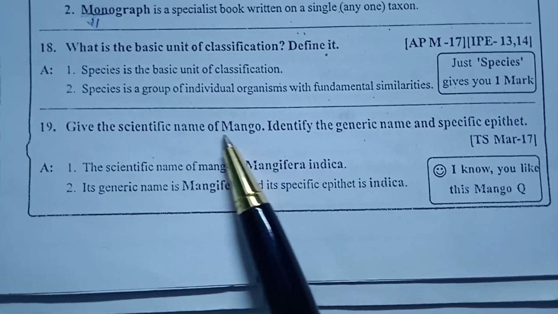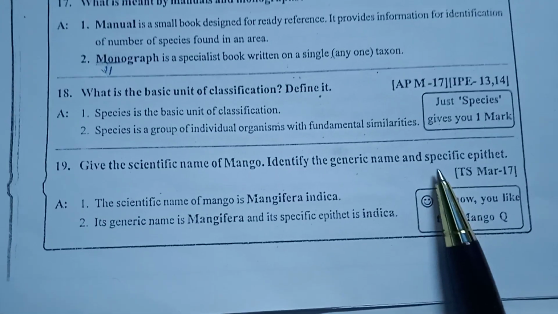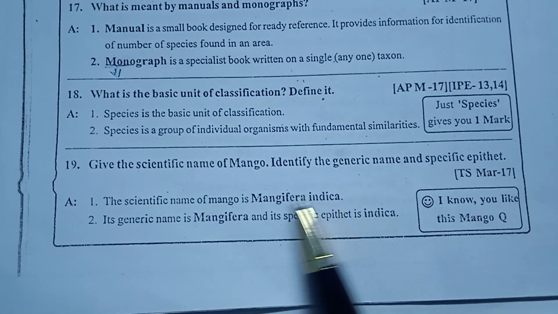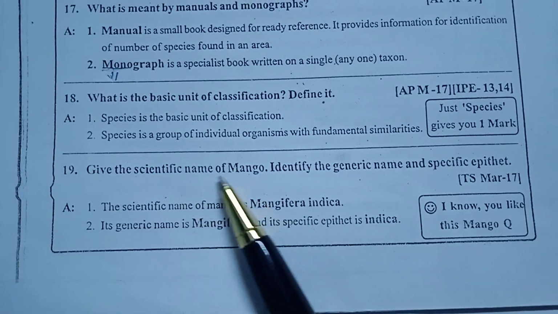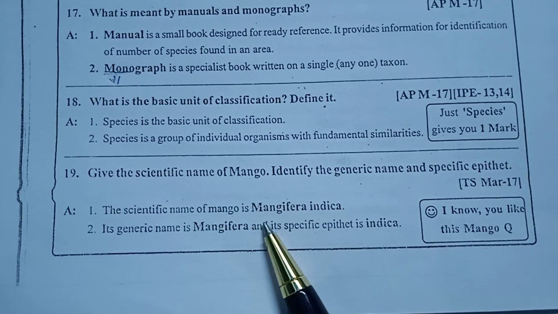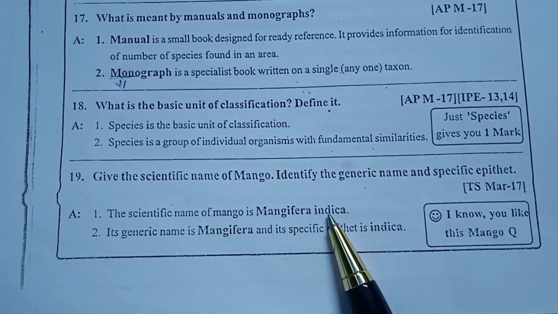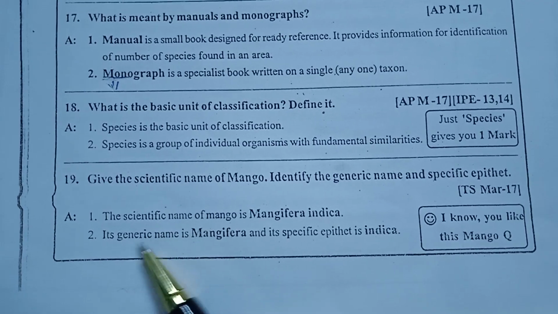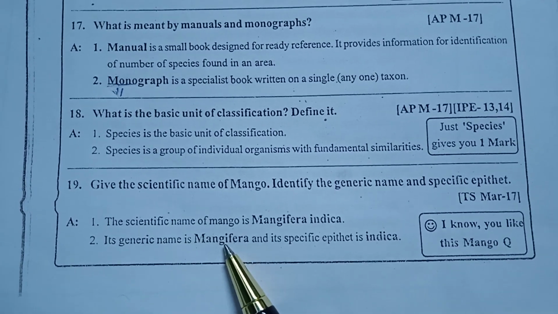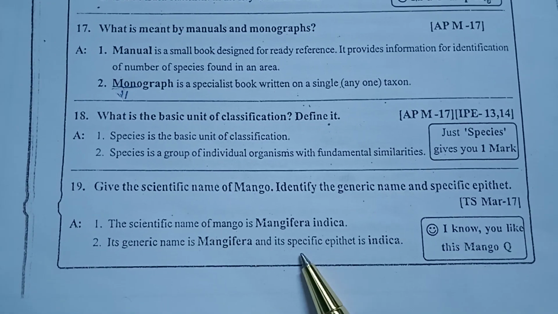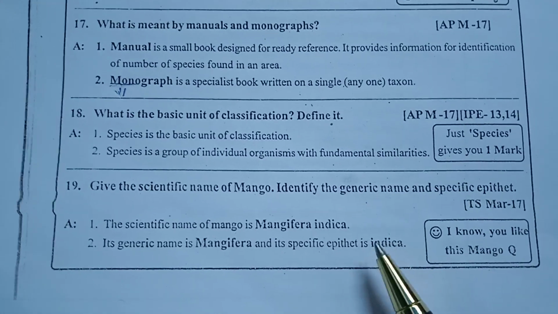Give the scientific name of mango, identify the generic name and specific epithet. The scientific name of mango is Mangifera indica, and the generic name is Mangifera and its specific epithet is indica.